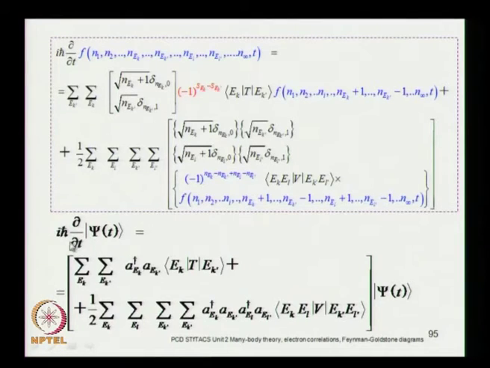So, using these 2 results, you now have the Schrodinger equation. The Schrodinger equation, which is the time evolution of a state vector in the occupation number space, is now given in terms of, these are of course integrals, these are single center integrals, integrals over a certain coordinate.